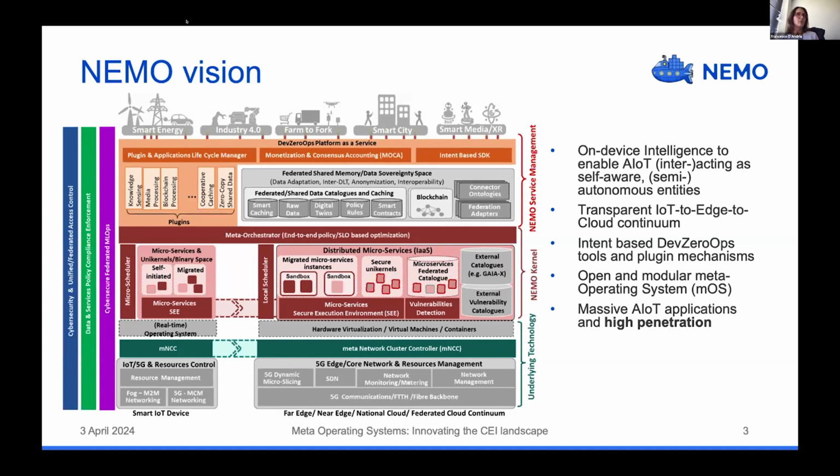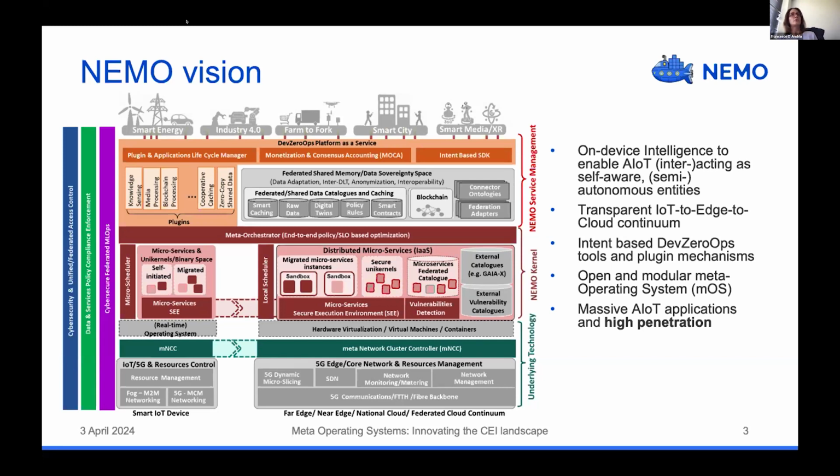We've put a focus on intent-based DevZeroOps tools and plugin mechanism, intent-based in order to facilitate the integration of third-party managing roles either on the service or the network or the infrastructure layer.